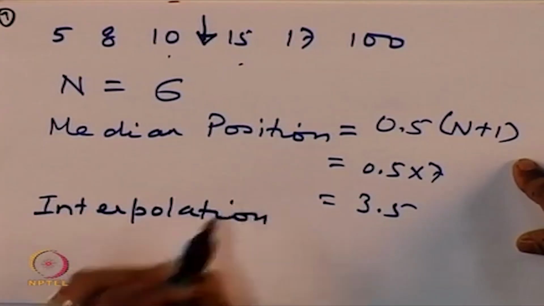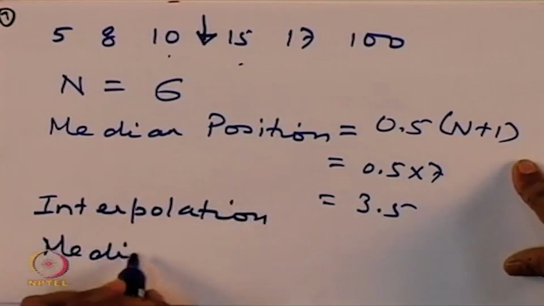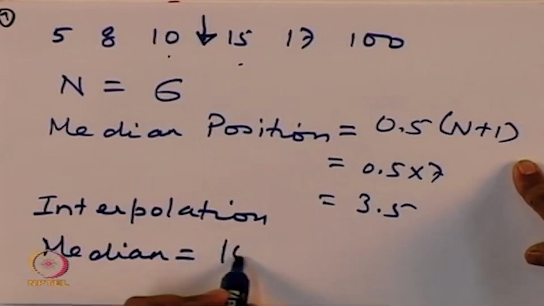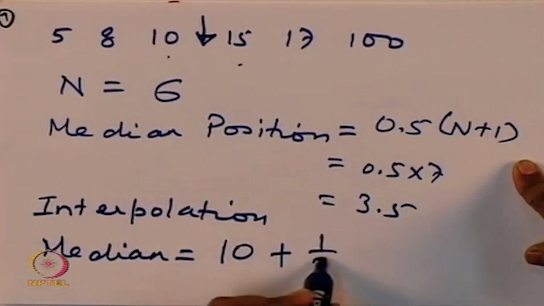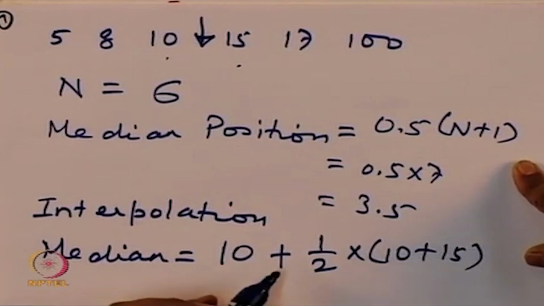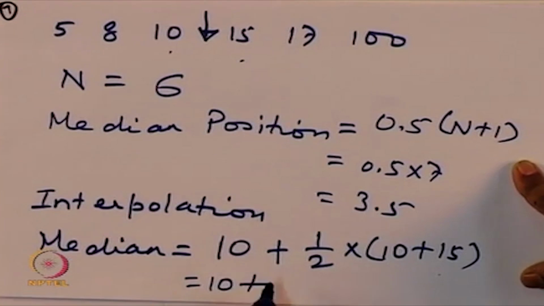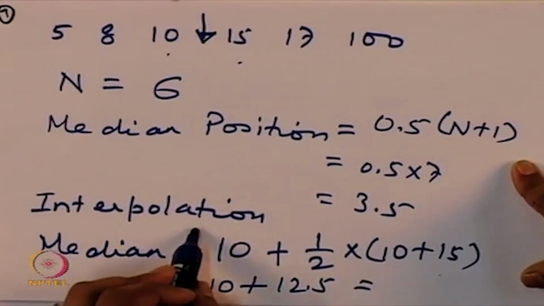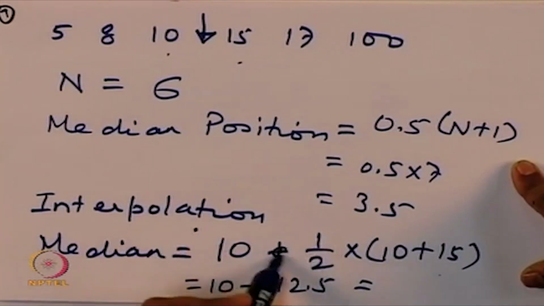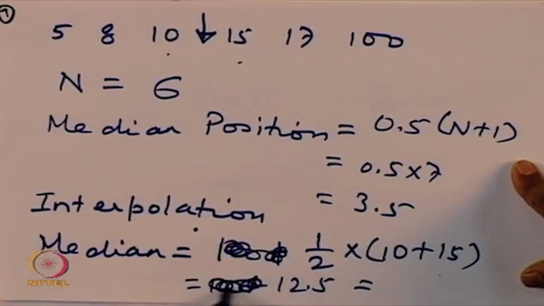My median as per this will be the average. It will be 10 plus half into 10 plus 15, since the position is the middle of these. So it is simply half into 10 plus 15, which is 12.5.